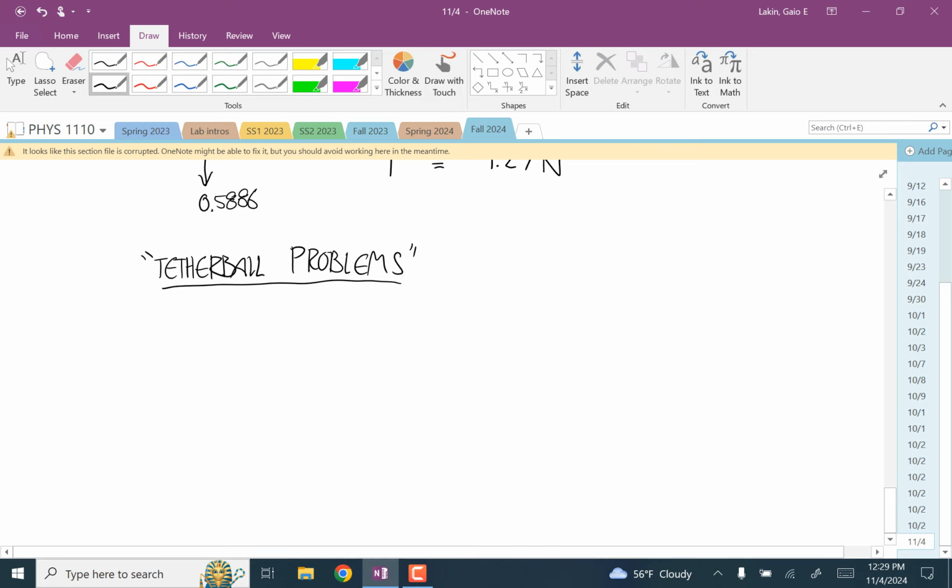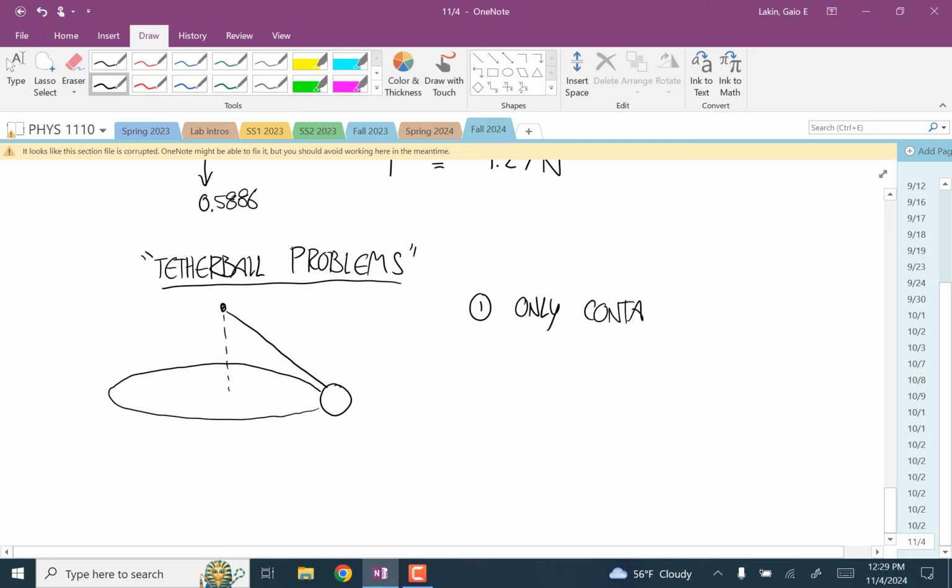In order to be a tetherball problem, it's a case where this thing is moving in a circular path like this. The rules are, first, the only contact is a cable. And second, the circular path has to be parallel to the ground.